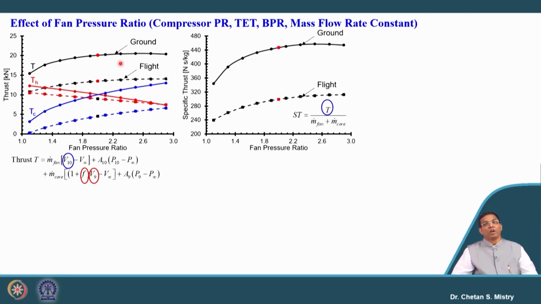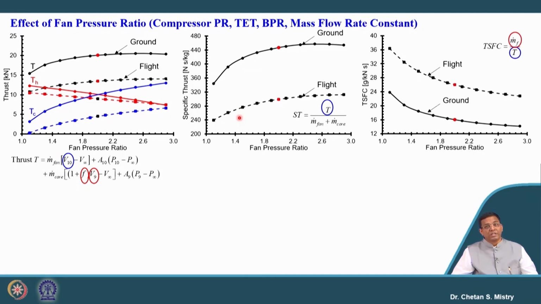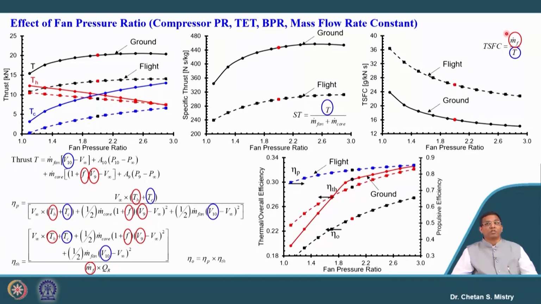Now, in terms of specific thrust, we can say that for the flying condition my specific thrust will be lower compared to the ground condition. In the same way, comparing the specific fuel consumption, for the flying condition it will be higher.